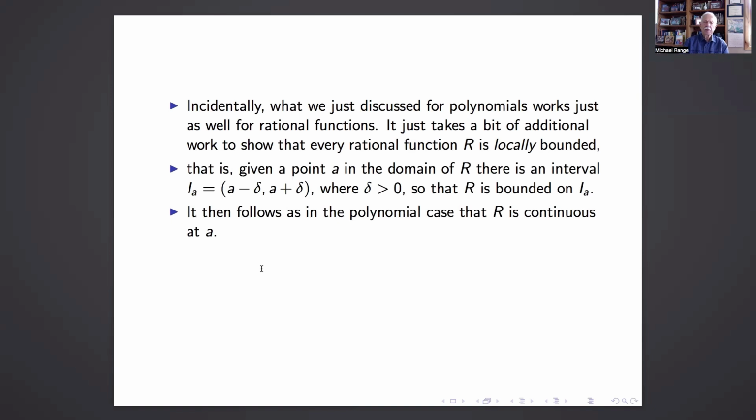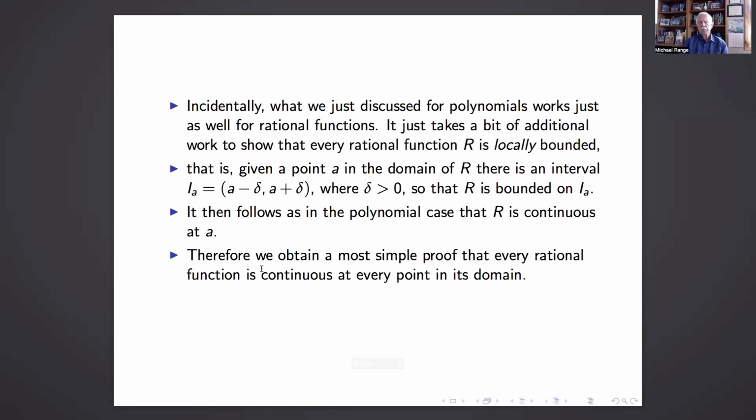It then follows, as in the polynomial case, that R is continuous at A. Therefore, we obtain a most simple proof that every rational function is continuous at every point in its domain.